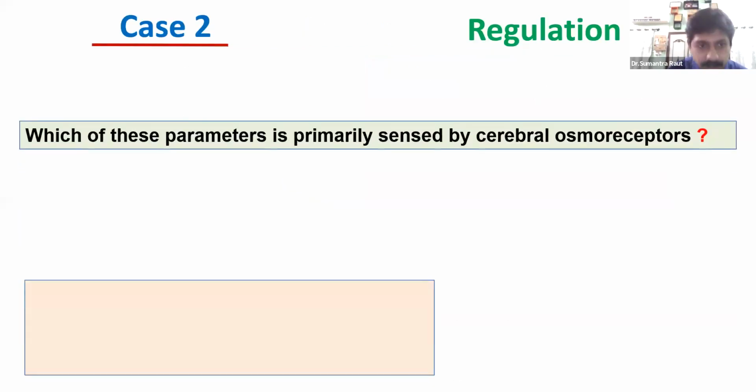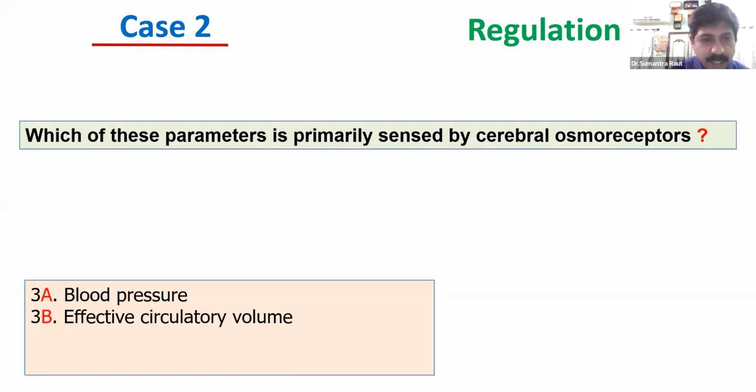So, a small question like that I told, we can have some interaction with the delegates, and if the delegates have some queries, they can put them in the chat box. So I will pass through this question. Which of these parameters is primarily sensed by cerebral osmoreceptors? Our options are blood pressure, effective circulatory volume, tonicity, or all of the three.